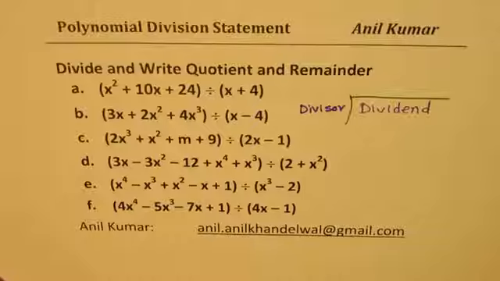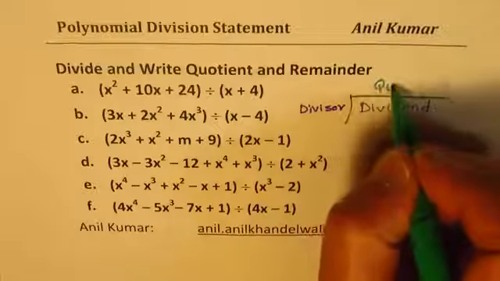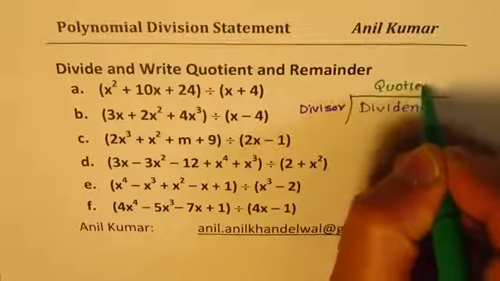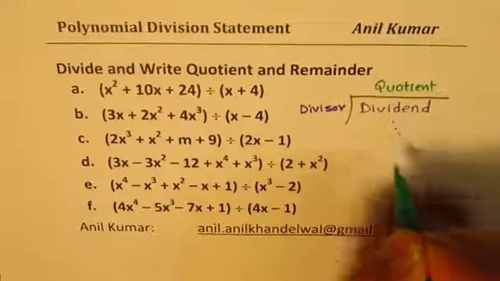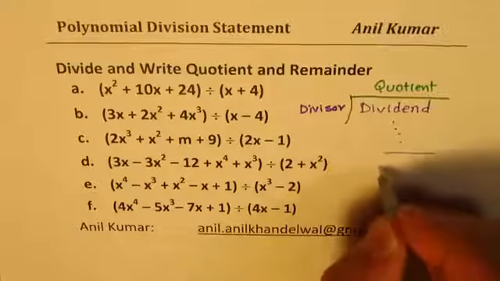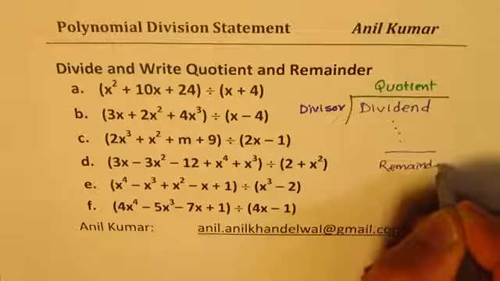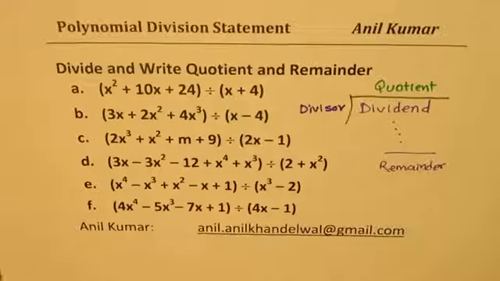On the top is our answer, which is called the quotient. And at the end, whatever remains is called the remainder. Okay, so that is how they are linked.